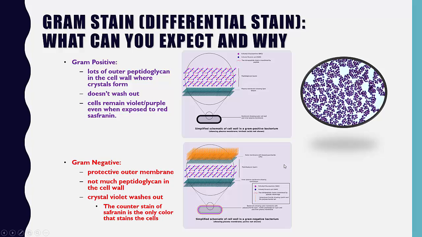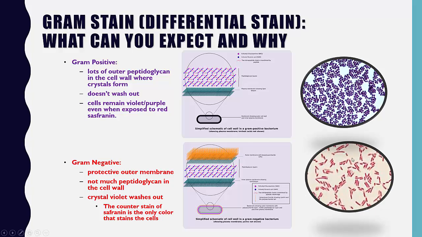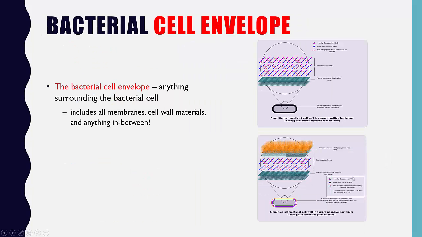Okay, so gram negatives, they have an outer protective membrane, not a lot of peptidoglycan. The crystals of crystal violet do wash out that get in there. And then the counterstain makes them look red. All right. So these are E. coli, by the way. Okay. So, term here.